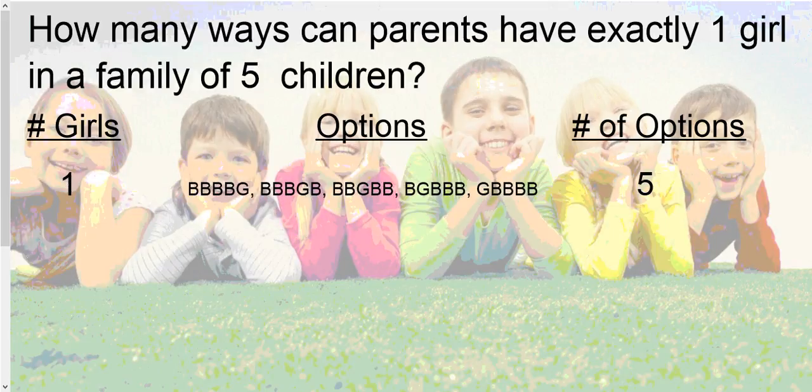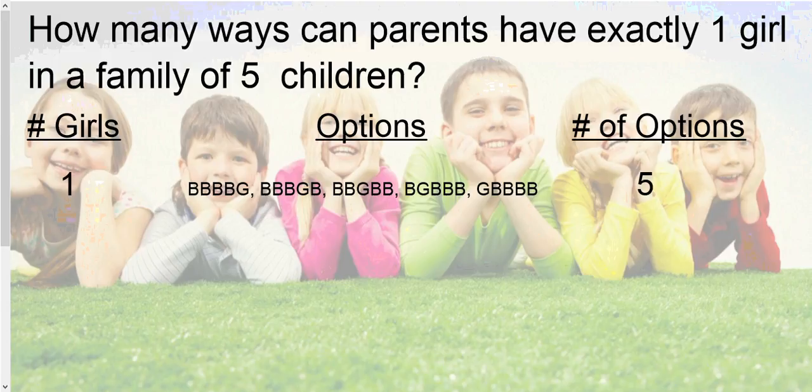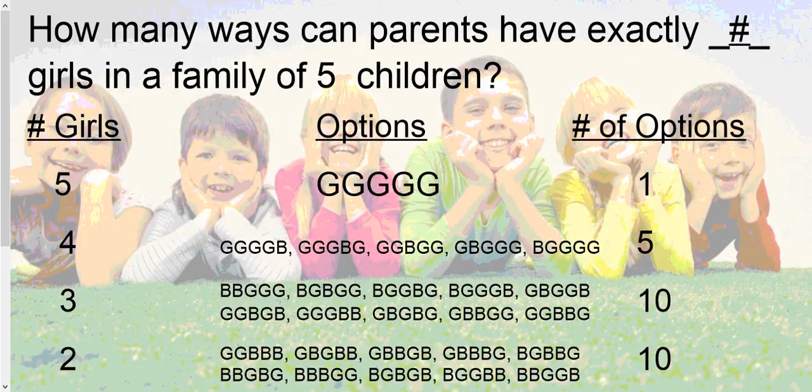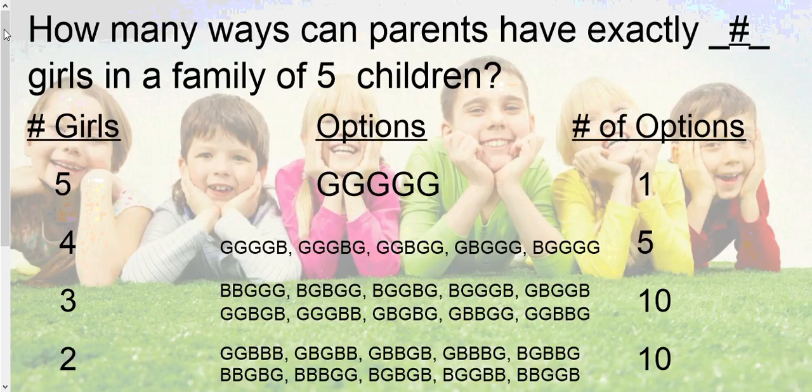So what about having one child that's a girl? Well, we end up having five options here. So let's go ahead and try to expand this a little bit. So in here we have all the options for a family of five. Here, if you want five girls, there's really only one way to do that, with everybody being girls.